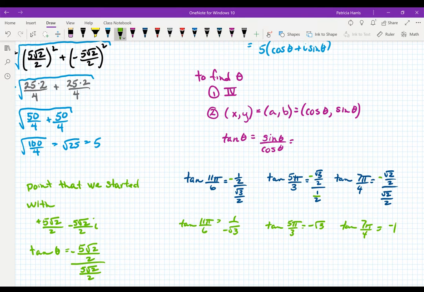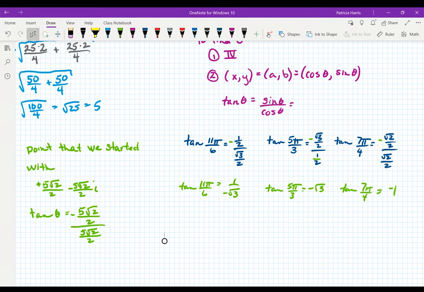All right, if I simplify that, what do I get? I get negative 1. So what angle should I be using? Well, I should be using 7 pi over 4. So I kind of have to hunt for it. If you can use the clues, and as you get used to it, this gets a little bit faster. You don't have to show every single step. But from this, I know that my theta is equal to 7 pi over 4.